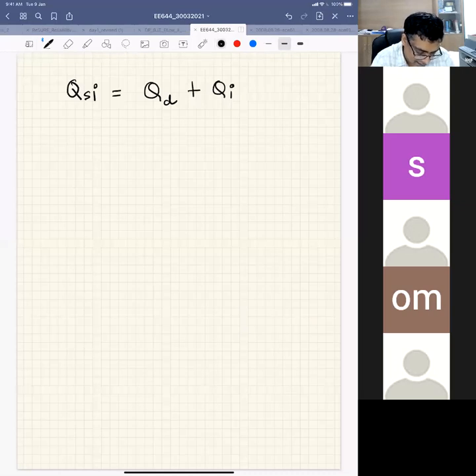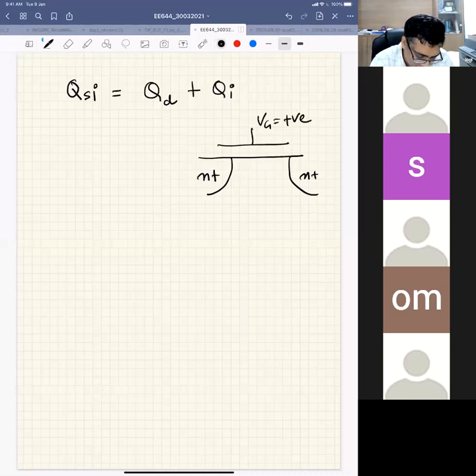I am talking about when your gate voltage VG is positive. So I have depletion charges here, and I also have electrons accumulated at the surface. So I have a channel region.